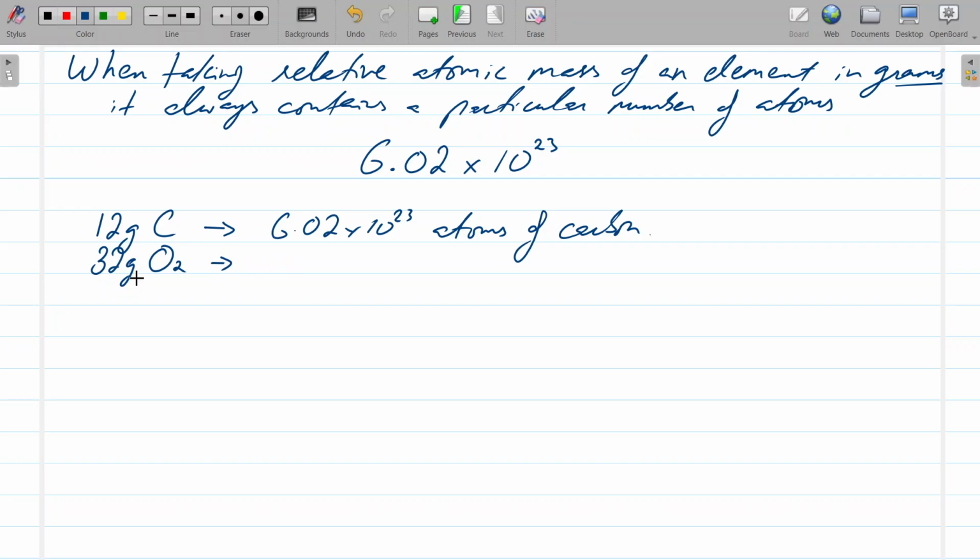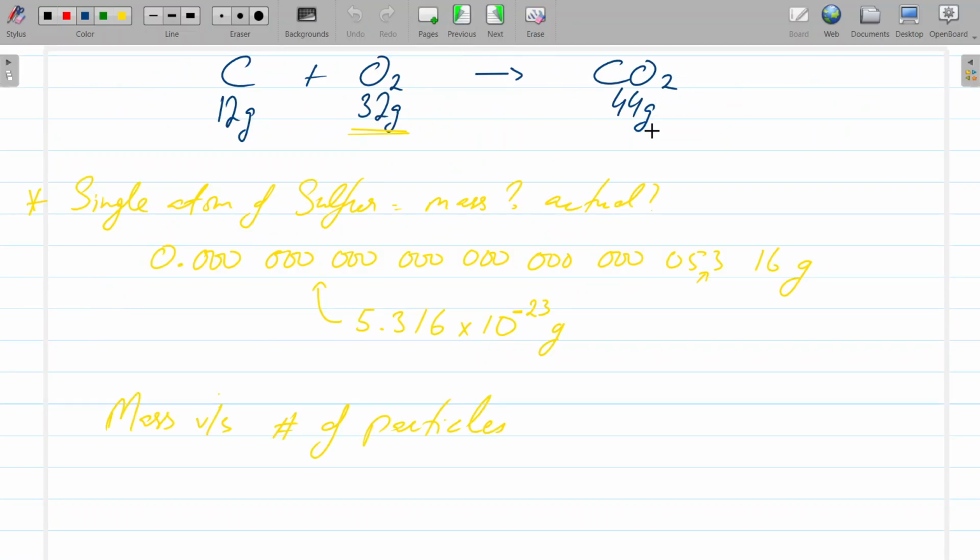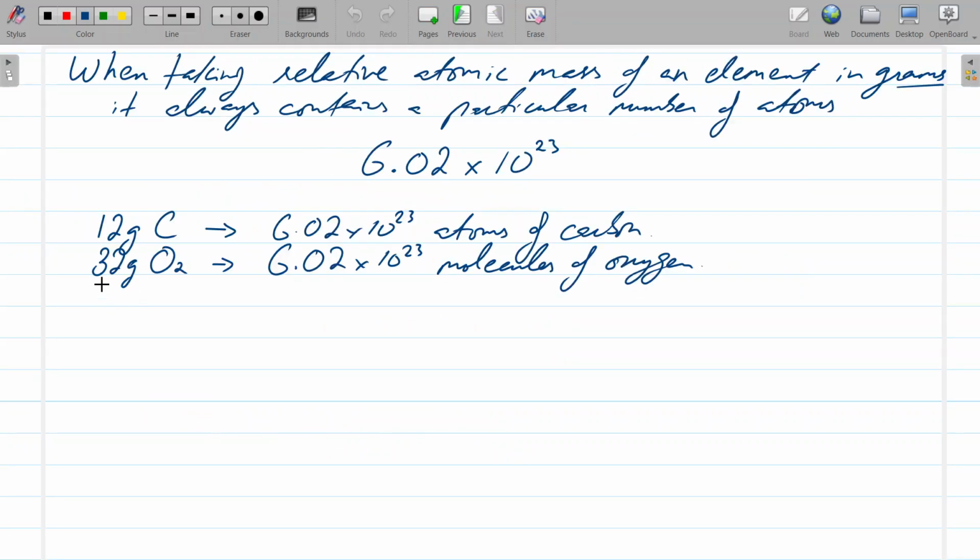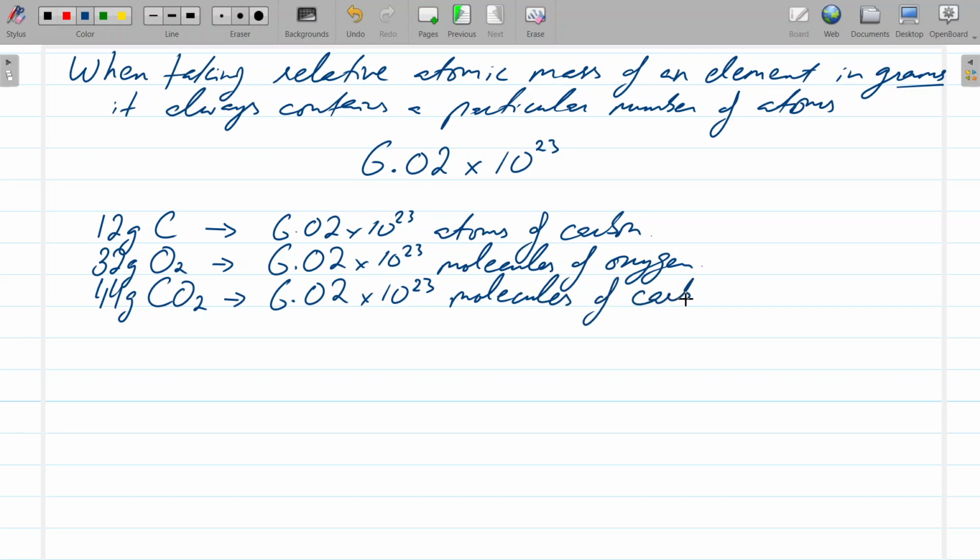And so in 32 grams of oxygen, we have 6.02 into 10 to the power 23 molecules of oxygen. For carbon dioxide, which is 44 grams, if you have 44 grams of carbon dioxide, what you have is 6.02 into 10 to the power 23 molecules of carbon dioxide.